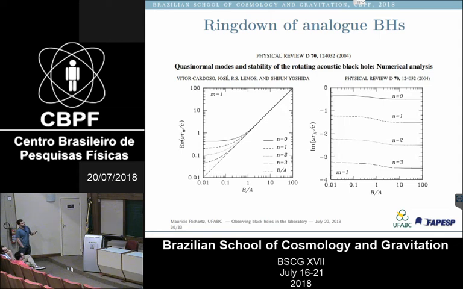This is the one which decays slower, and these are decaying faster and faster as you go down. There's a discrete set of modes. That's why you only have a few lines in these plots. And we hope to see the same thing in the laboratory.